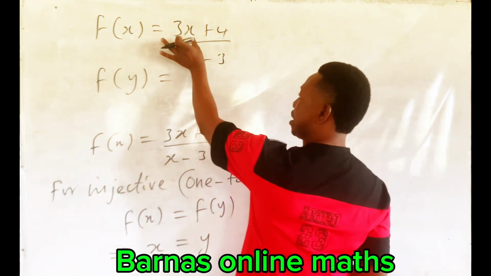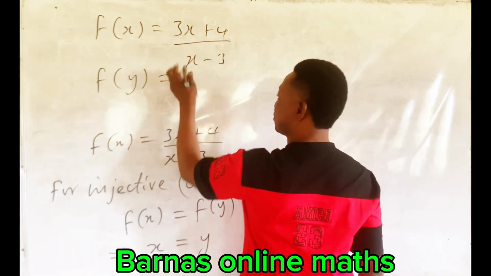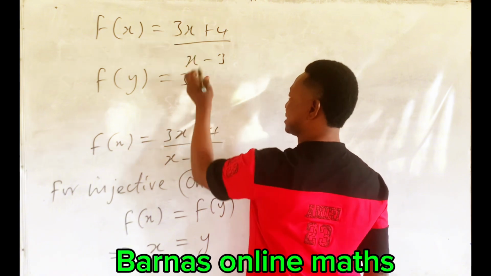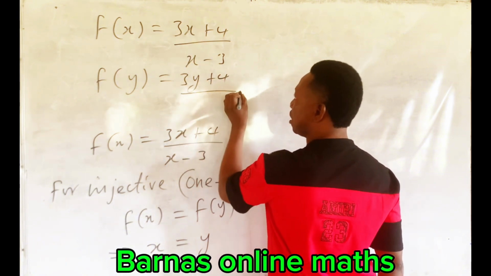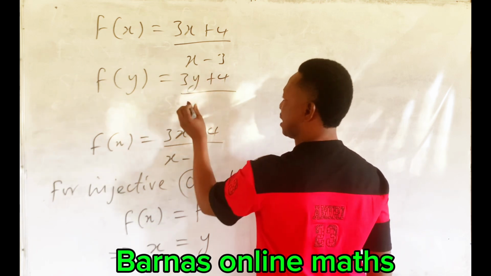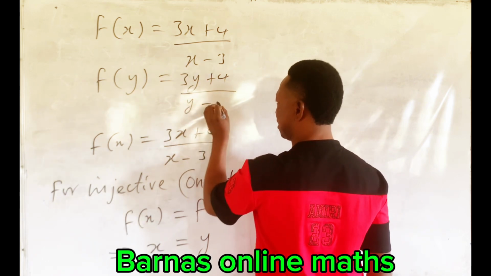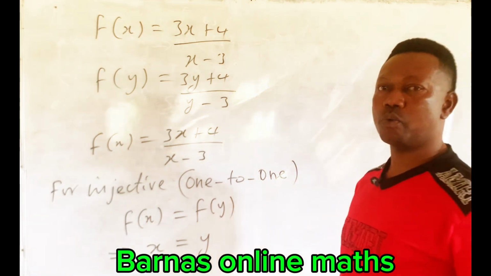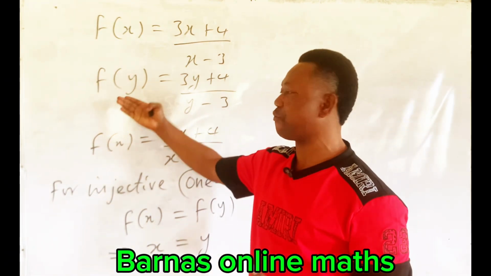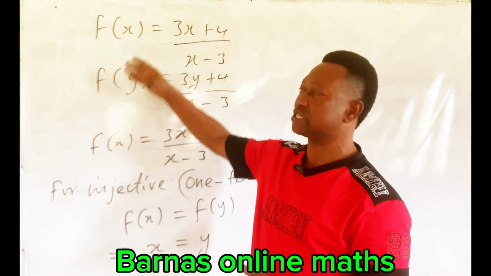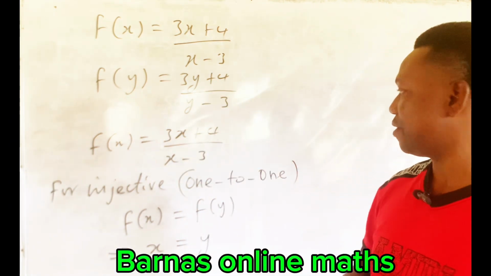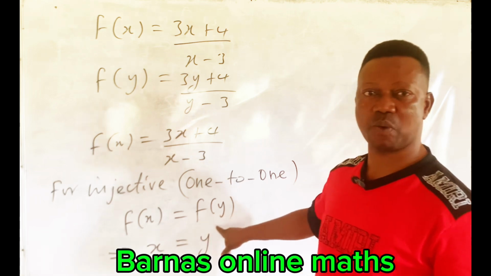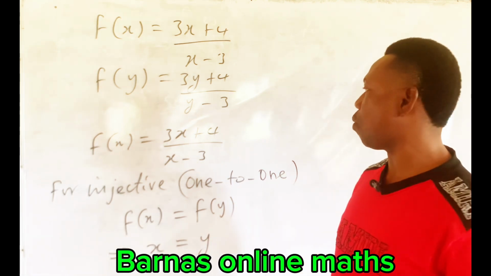If we do that, we have 3y plus 4 all upon y minus 3. Now we have gotten f of y. Remember, f of x was given. For this to be injective, f of x must be equal to f of y.